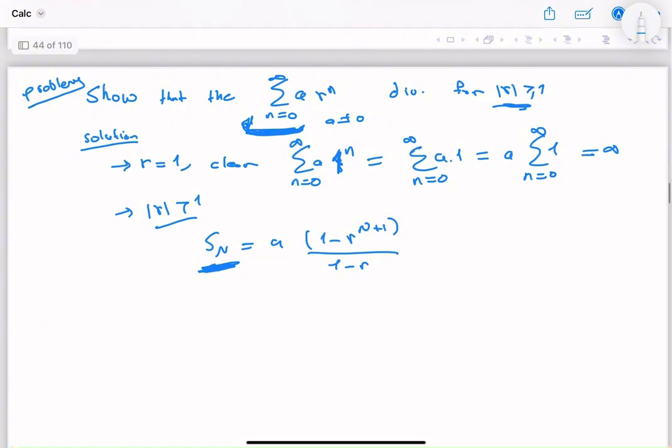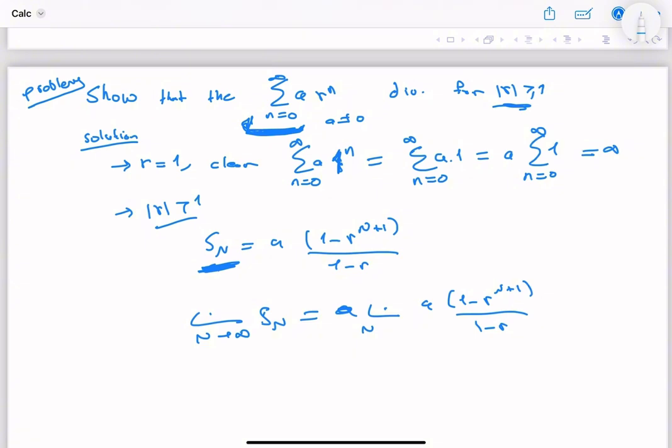So if you take limits of this, what's the limit as n tends to infinity of Sn? Well, this is equal to the limit of a times 1 minus r to the n plus 1, over 1 minus r. So the only term that depends on n here is this thing, right? So let us understand what's the limit of r to the n plus 1 as n tends to infinity. So I claim that this limit is infinity.